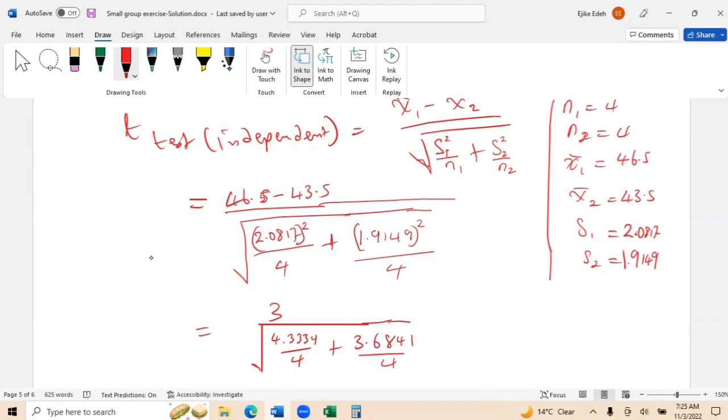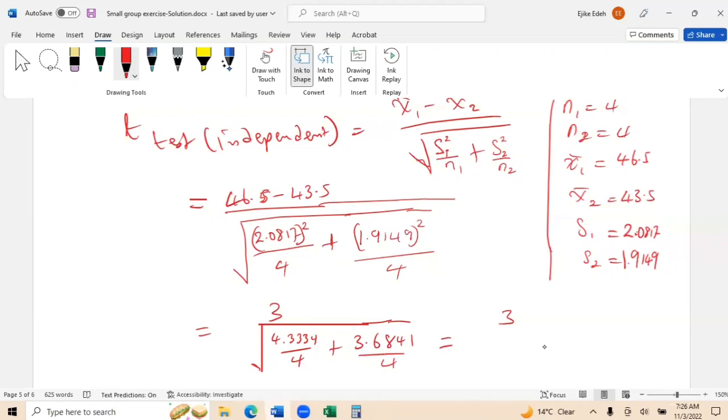So if we simplify this further, we should have this equal to 3 on the numerator divided by the square root of. Let's put in the numbers first and then the square root later. I think that's what causes the problem.